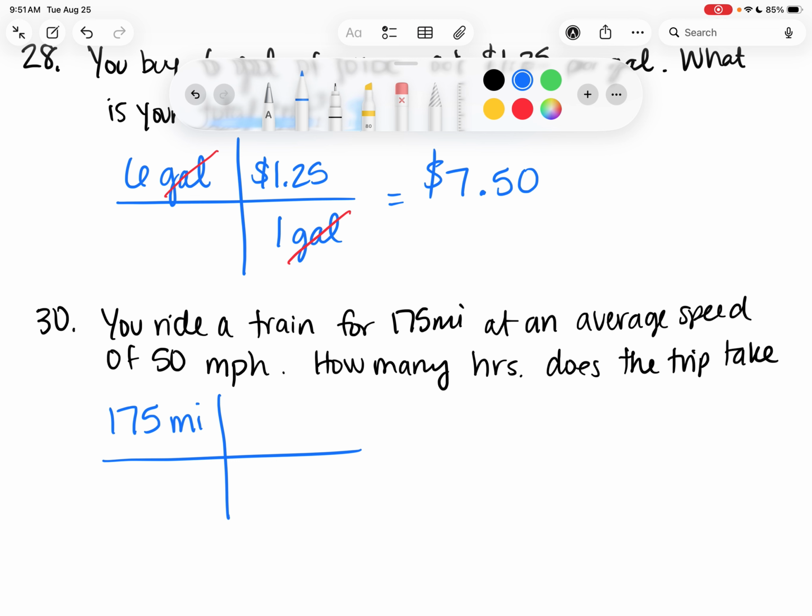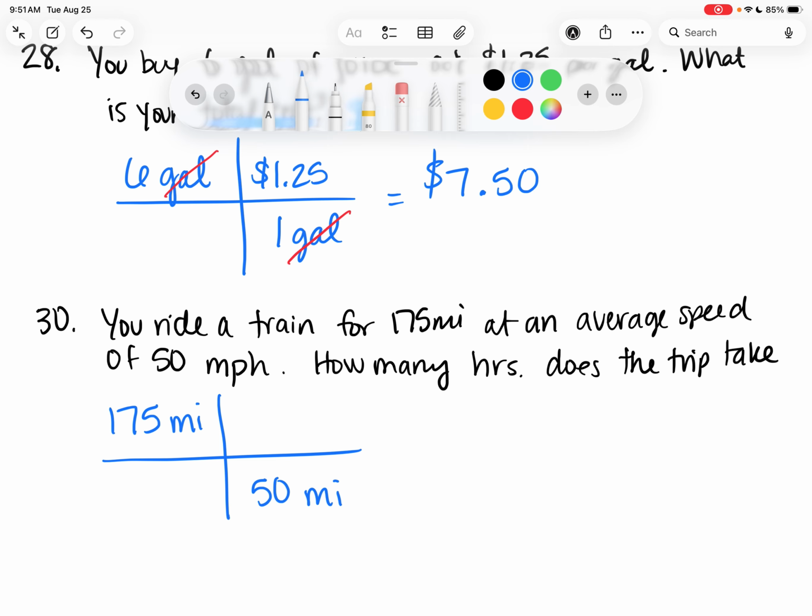Because the temptation here is for people to stick 50 up here. But it's 50 miles per hour. That would mean miles are on top, hours are on the bottom. I'd end up with miles squared per hour. Okay, that doesn't work.